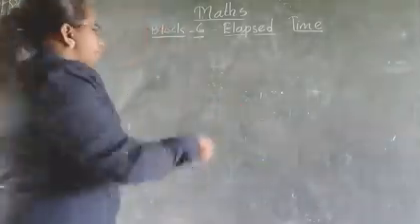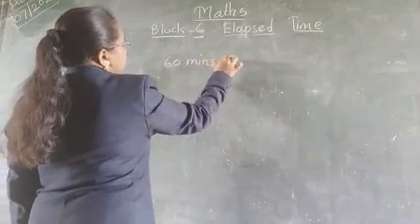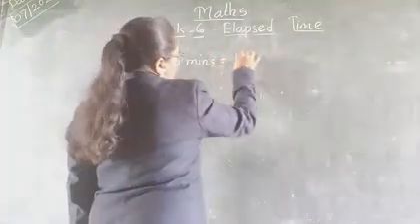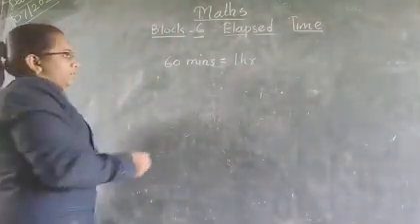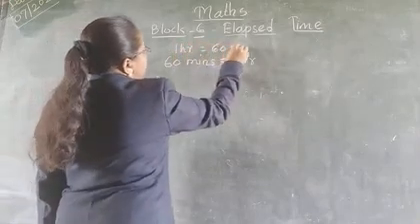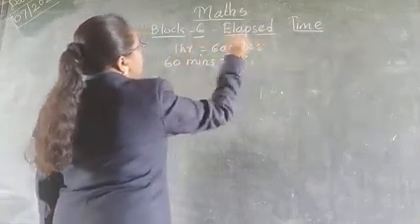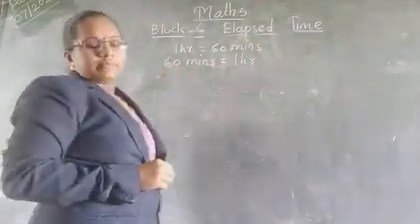You know that 60 minutes is equal to 1 hour, and 1 hour is equal to 60 minutes. It is a basic formula in elapsed time.